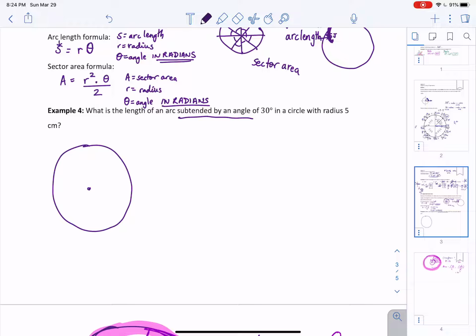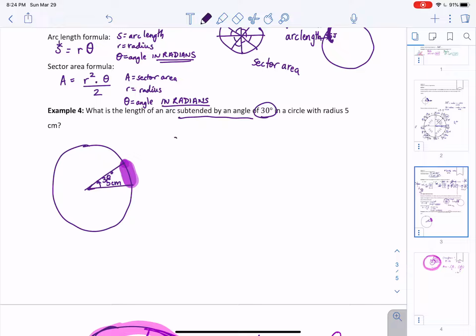So if I go from the center out to the end, that's the radius. I know that's 5 centimeters. And if I go 30 degrees, that means I go up a little bit, but not too much. Right? That's a 30-degree angle. So I want to know in this piece, what is the arc length that's created? What is the length of just this piece of it?